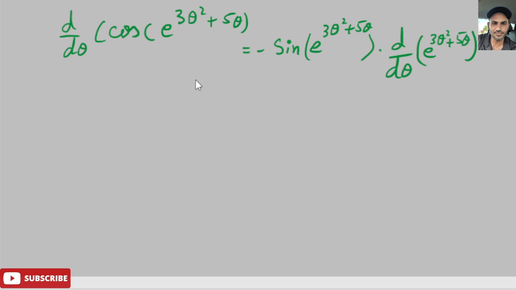So the derivative of cosine of u equals negative sine of u times the derivative of u, where u equals e to the 3 theta squared plus 5 theta.